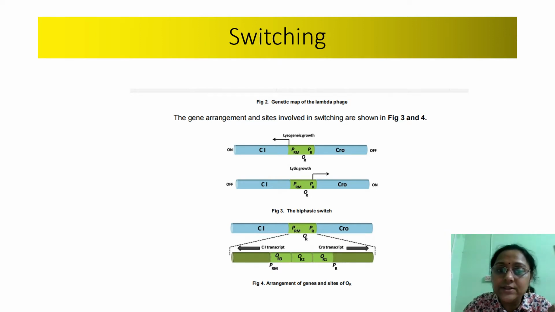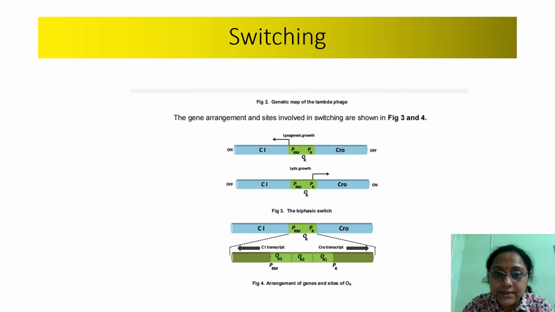On the right hand side we have Cro, and on the left hand side we have CI. Now Cro is one repressor and CI is another repressor. These two repressors are the major repressors which control the genetic switch, that is, whether the bacteriophage will choose the lytic cycle or the lysogenic cycle.